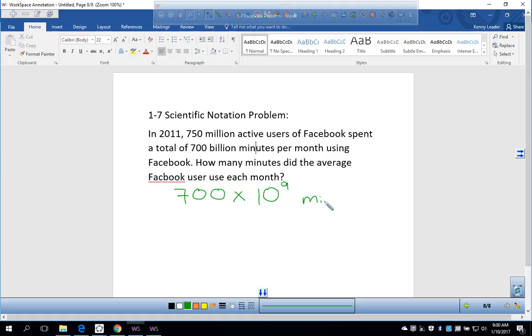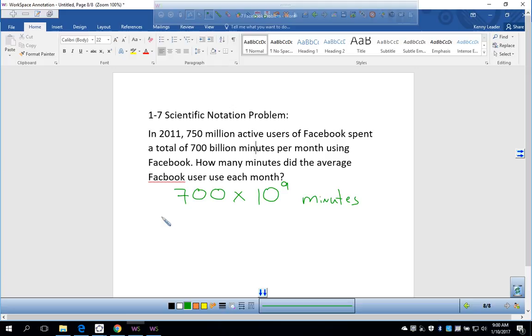Yes? And you can't do that. No. It's 7. You can only do one digit. Yeah, but it says 700 billion, right?